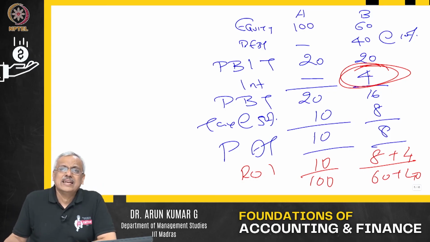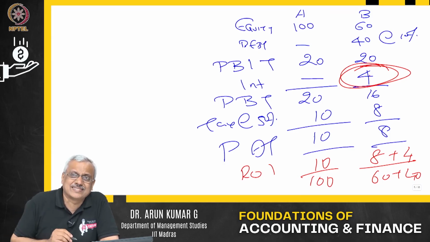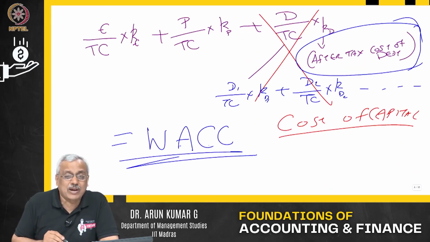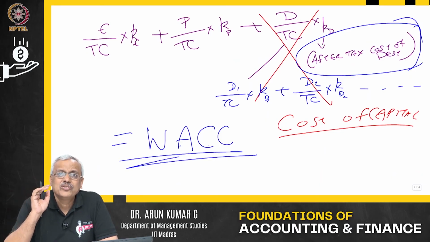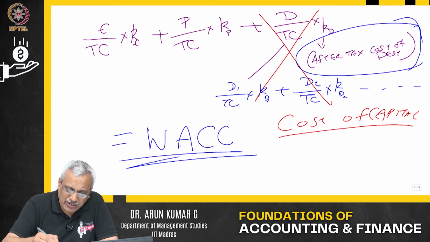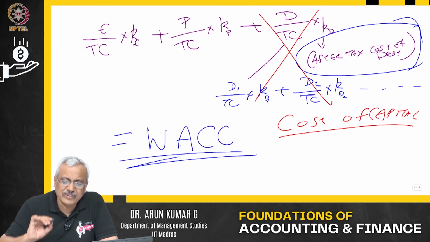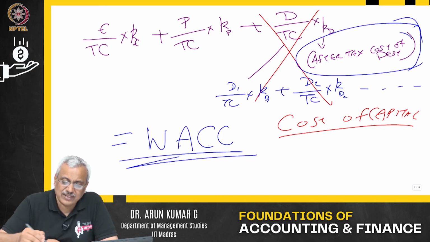So, what happens? In this particular case, that is happening purely because you are avoiding taxes on this, you are not paying taxes. I wouldn't say avoiding, you are having a benefit of tax on that. So, we want to nullify that effect. When we want to nullify that effect, that is when we will know the cost of capital. So, we will nullify the effect of taxes on this cost of debt.